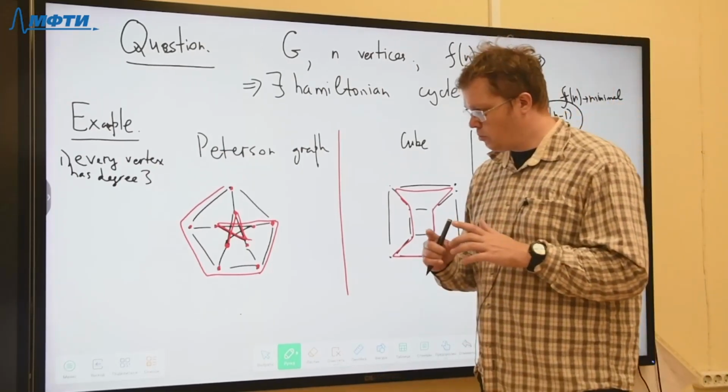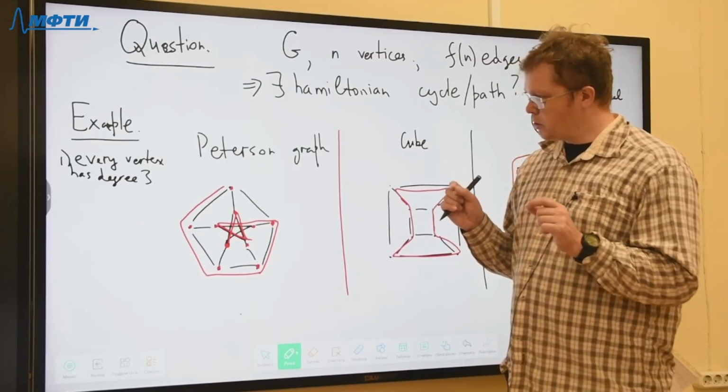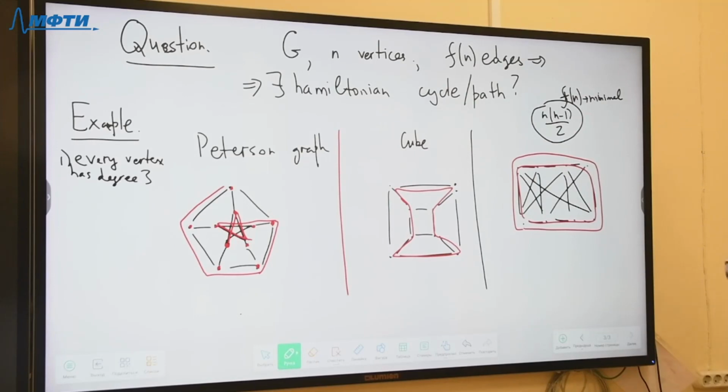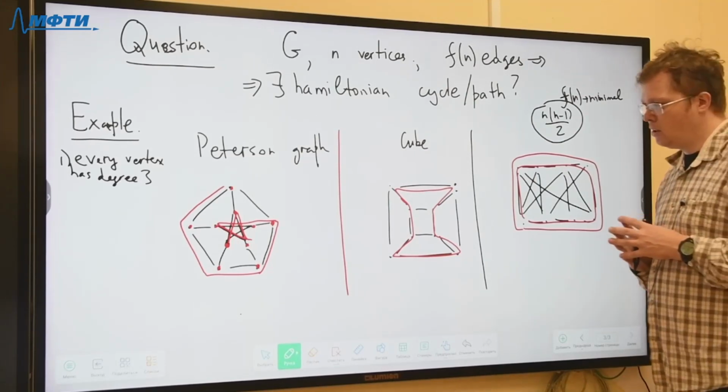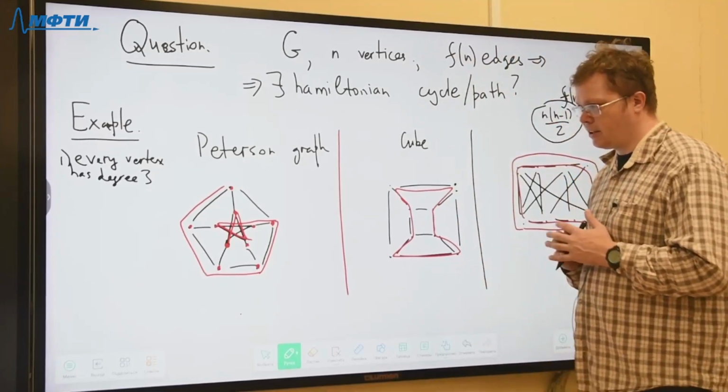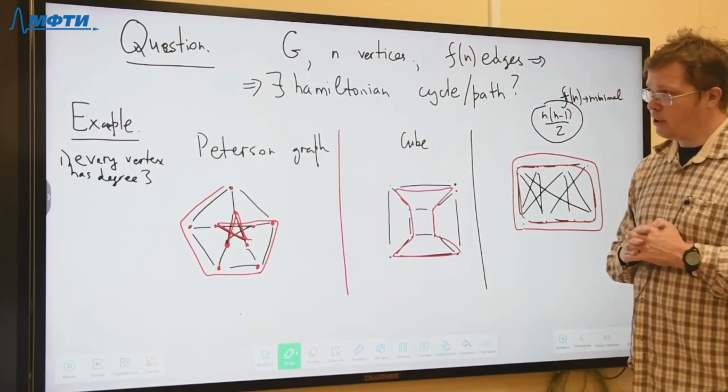So each vertex will have degree 1. If we cut out our cycle, then in the remaining graph every vertex will have degree exactly 1.